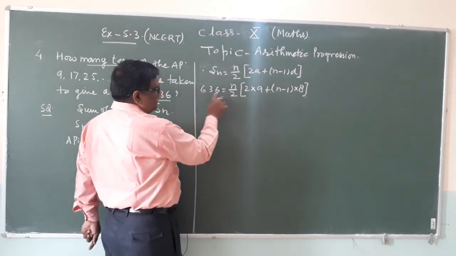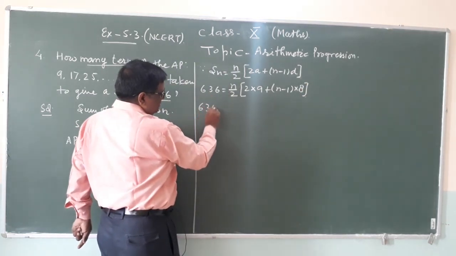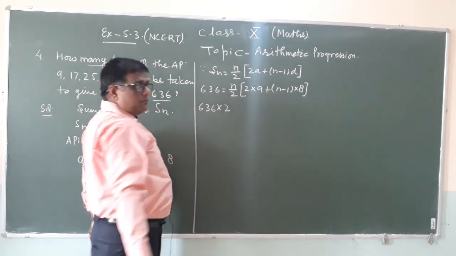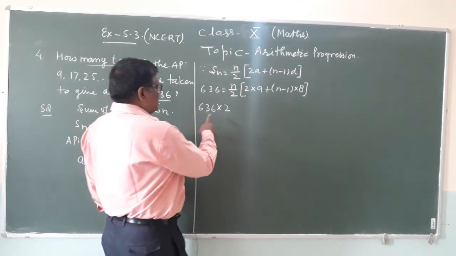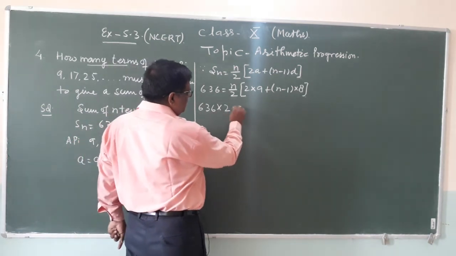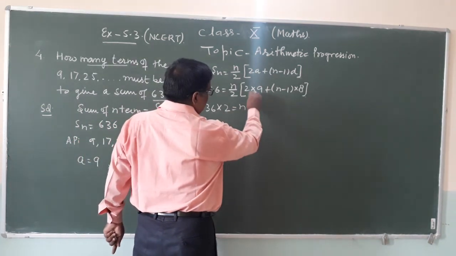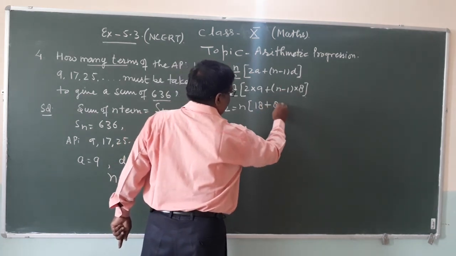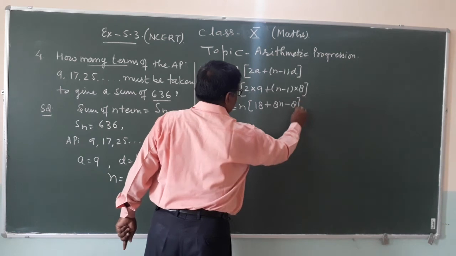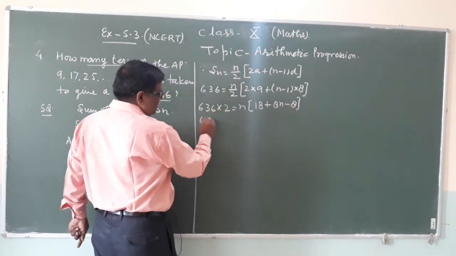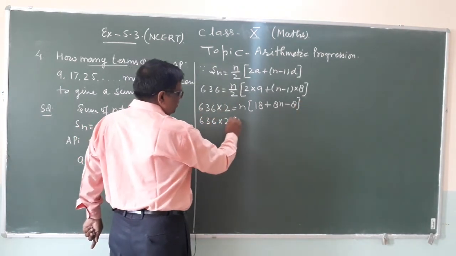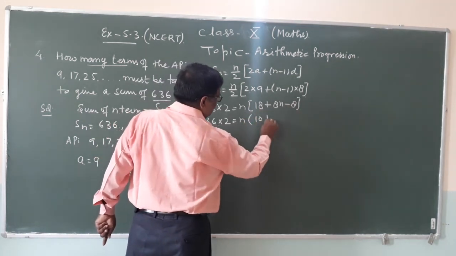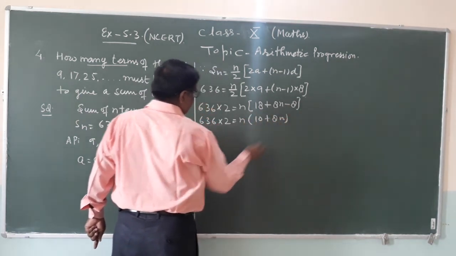The 2 divides on this side, so it multiplies on the other side. Now 636 into 2 is equal to n into (18 plus 8n minus 8), that is n into (10 plus 8n).